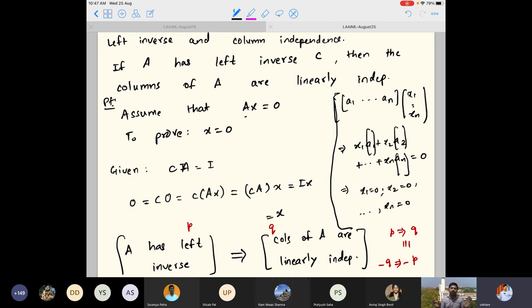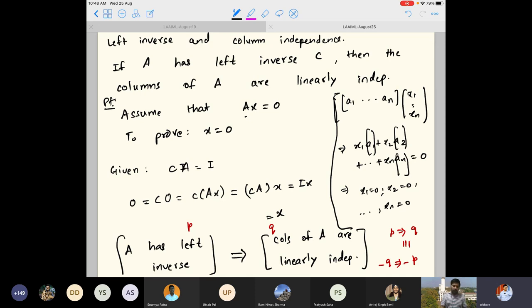Wide matrix, correct. All the wide matrices, all the matrices which have more columns than rows, will always have linearly dependent columns. And if the columns are linearly dependent, you cannot have a left inverse. So a left inverse will not exist for a wide matrix ever, right? It can exist only for tall matrices or square matrices at best.